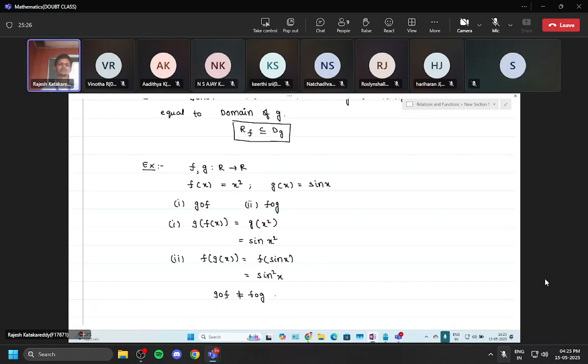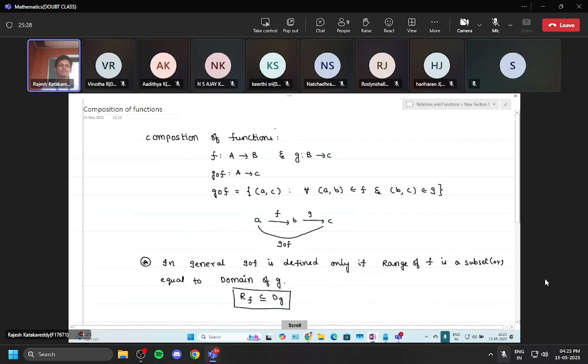Write this example. Definition you are writing, just the smallest one I have given. If you want, in our book, we have the proper definition. This condition is important. In general, I wrote, this is the important thing. They might ask a problem on this exception.